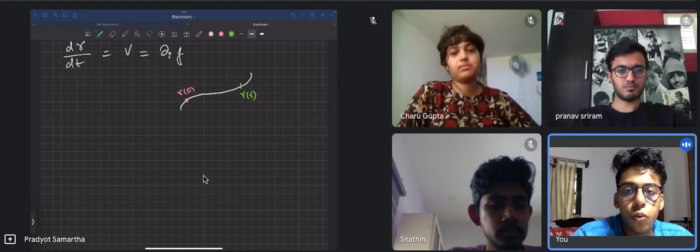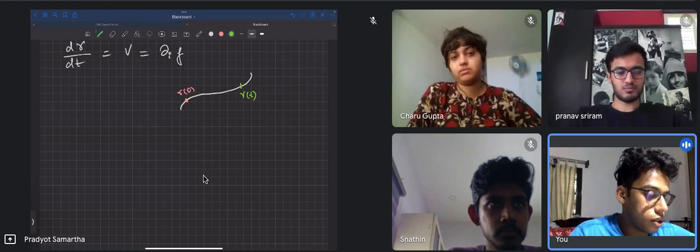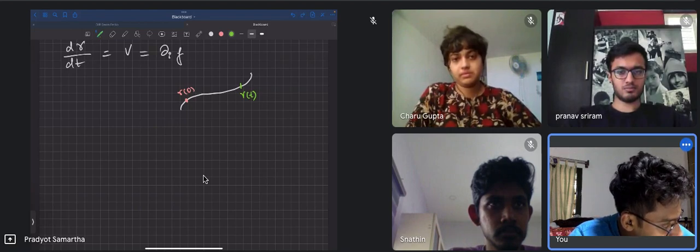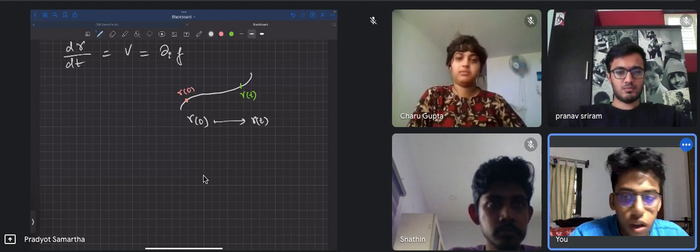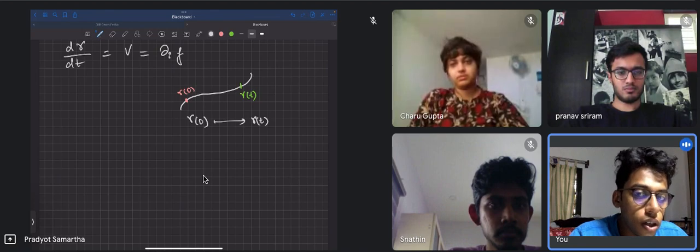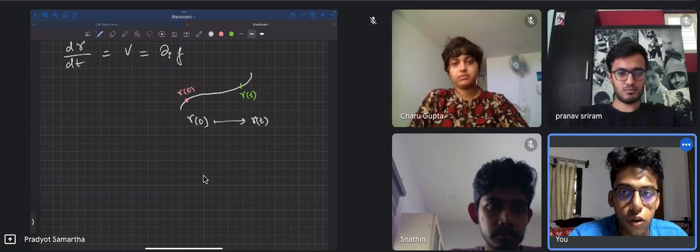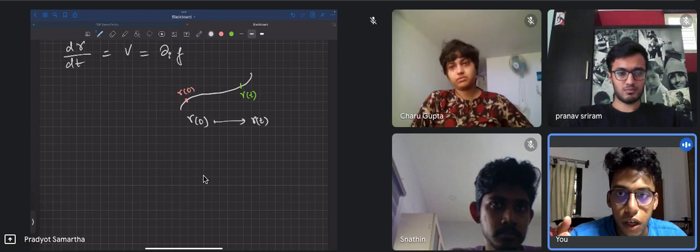So what you can do now is this transformation from gamma 0 to gamma t, and this transformation is called a flow. It is given by a vector field, essentially.